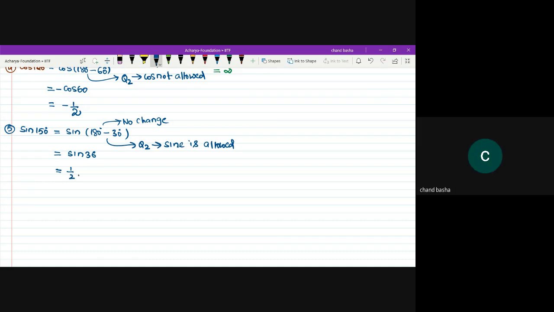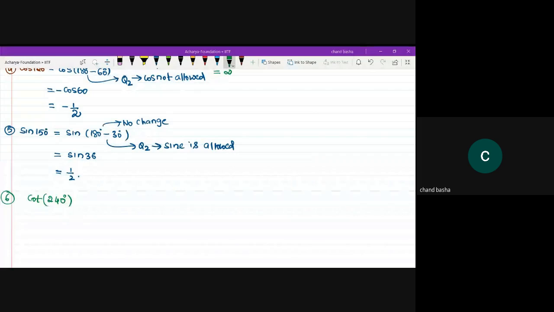Very good. Let's have one more problem. Problem number 6: cot 240 degrees. Post your answers, please.